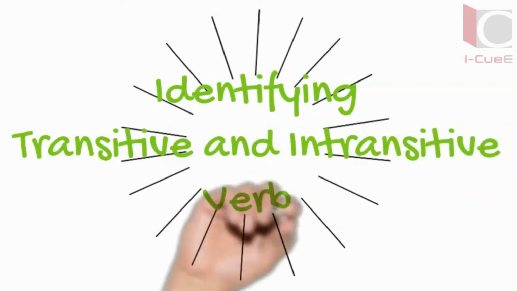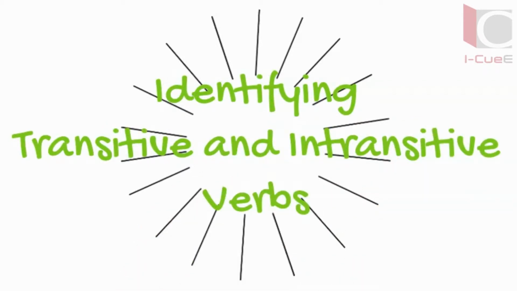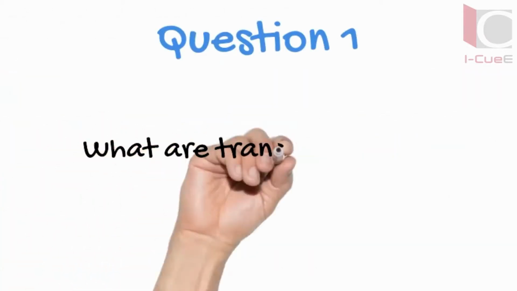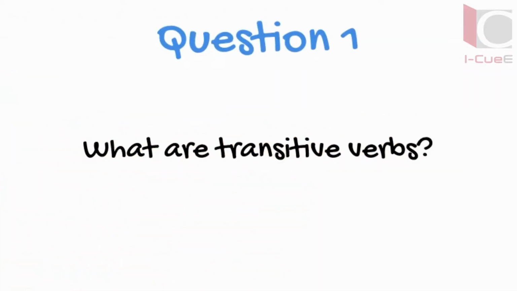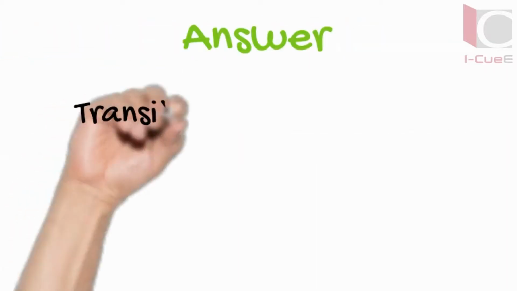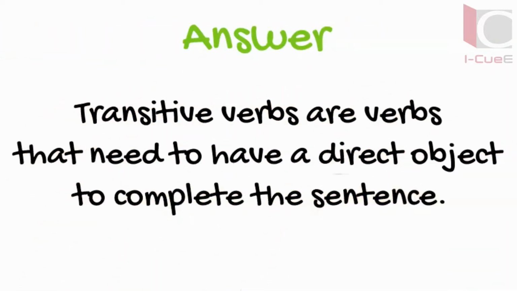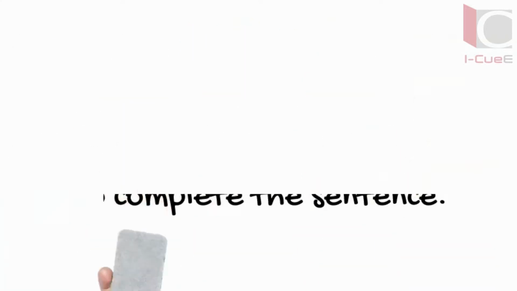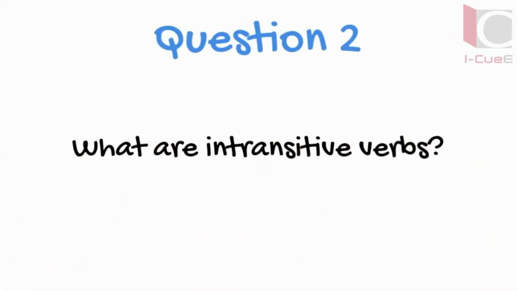Identifying transitive and intransitive verbs. What are transitive verbs? Transitive verbs are verbs that need to have a direct object to complete the sentence. What are intransitive verbs?